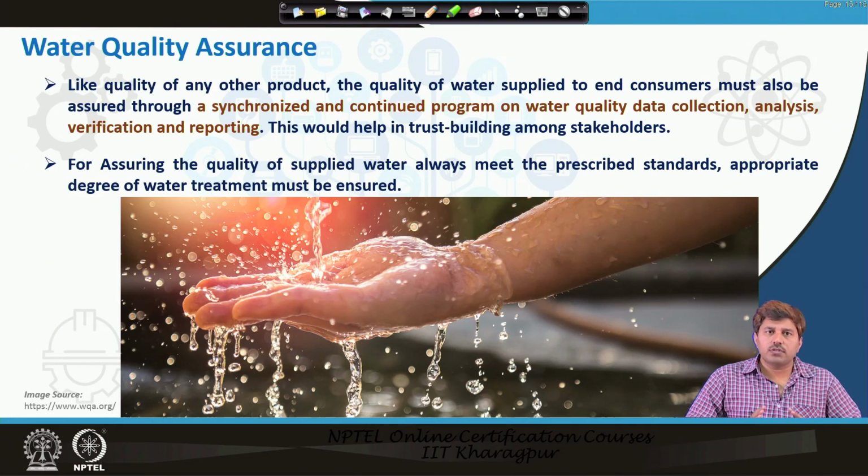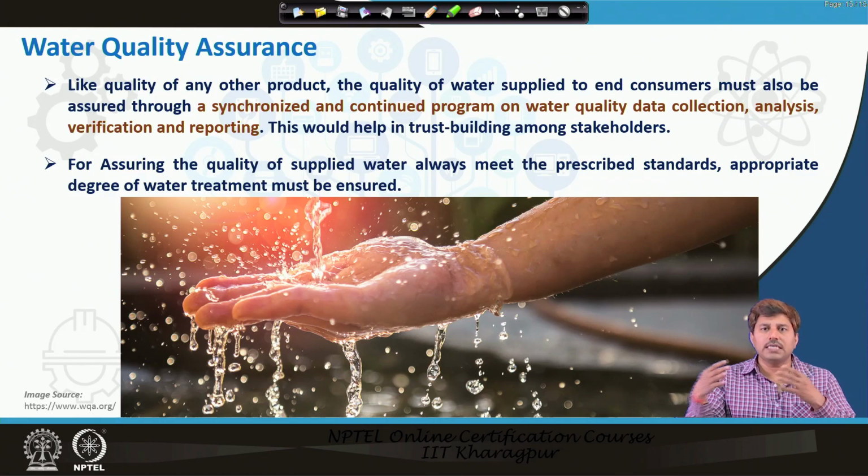That is because the quality of water coming to our taps is not assured, and it can be assured through a synchronized and continued program of water quality data collection, analysis, verification as well as reporting. Utilities must from time to time collect the data on the water being supplied, analyze it well, report it, and verify the accuracy of the data as well. In many cities we can see that we have the air quality index being displayed.